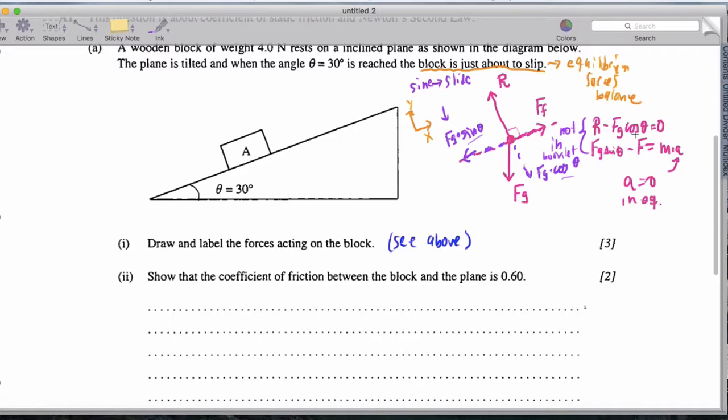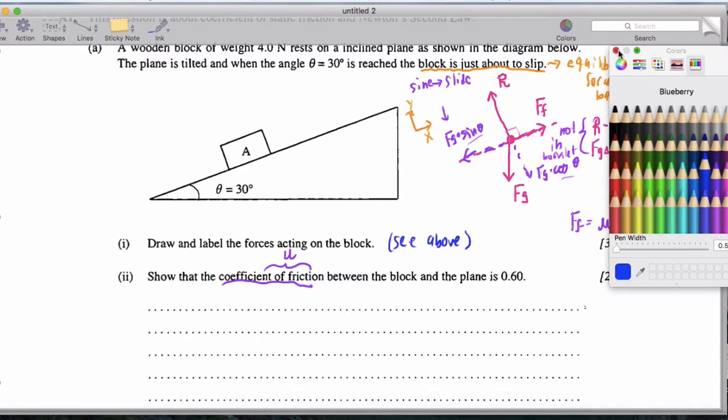These are a consequence of Newton's second law. Here's the formula that is in the data booklet. The friction force equals mu times the normal force, where mu is this coefficient of friction here. I'm writing that in purple because this is the data booklet thing.